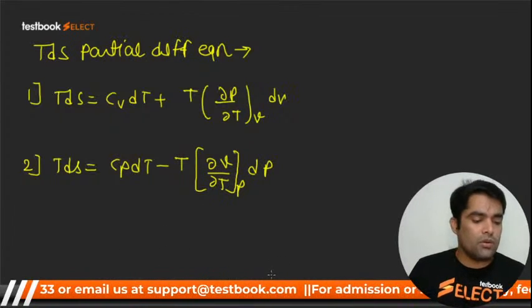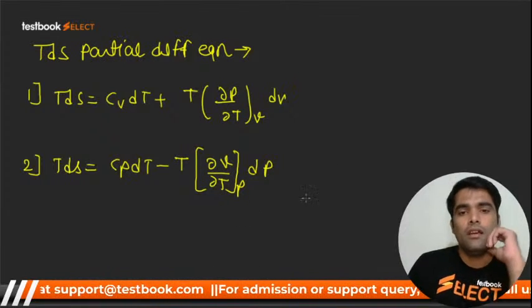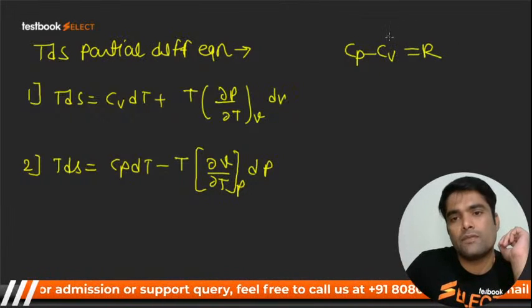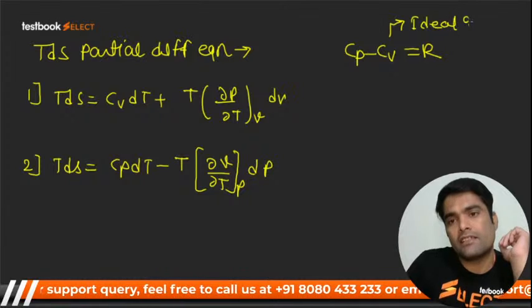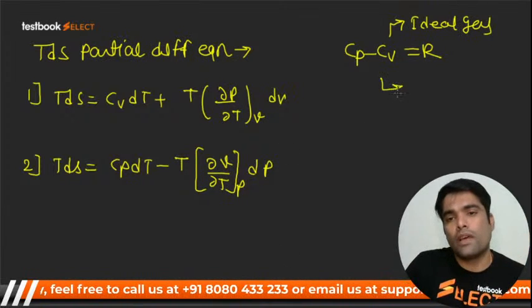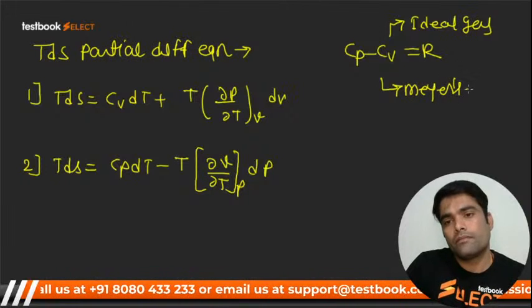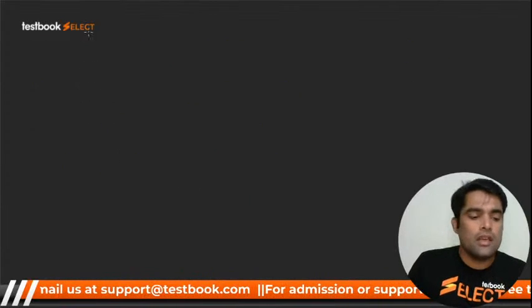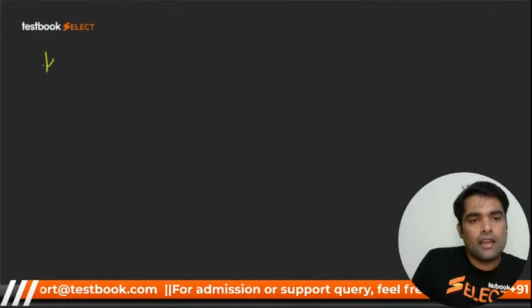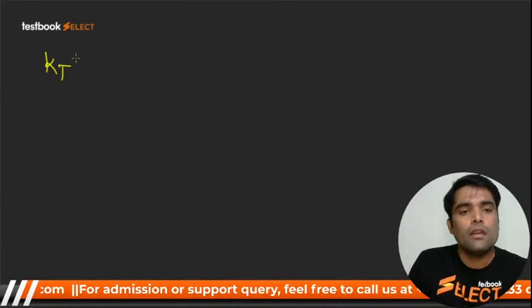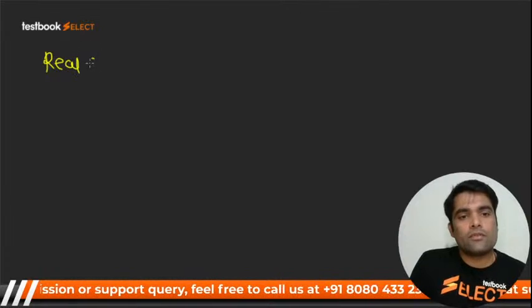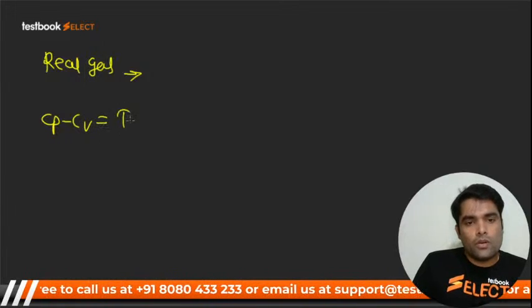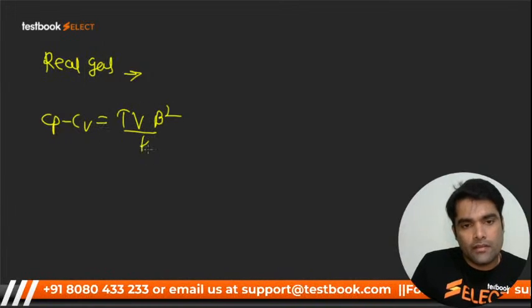And remember one thing that I want to tell you: for real gases, you know, Mayer's equation we have derived, that is Cp minus Cv is equal to R. It is for an ideal gas, right? It is also known as Mayer's equation. But for a real gas, it is none other than, my dear, Cp minus Cv is equal to T V beta square upon Kt.